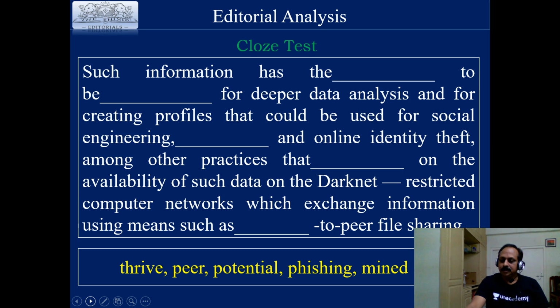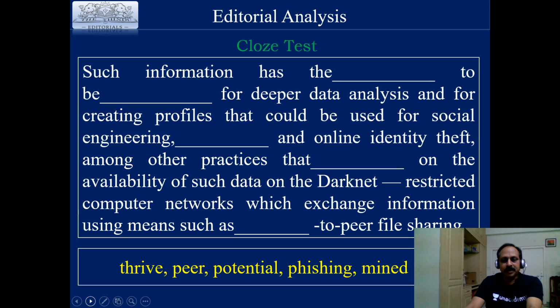Srinivas says potential. 2 mind. Optimus Prime says a 3rd blank fishing, and a 4th thrive. And the 5th one is peer.